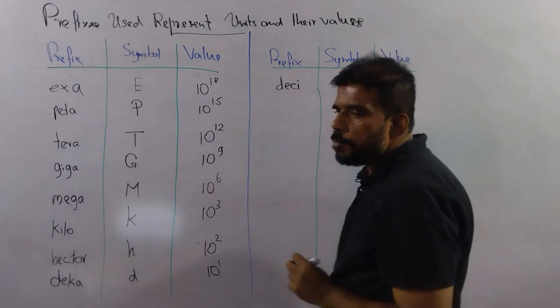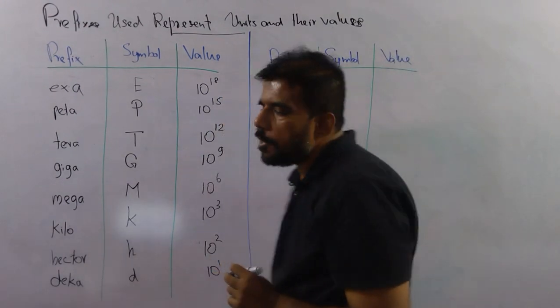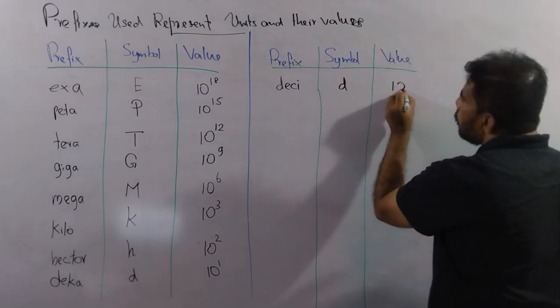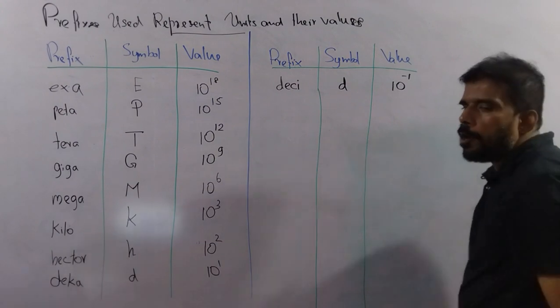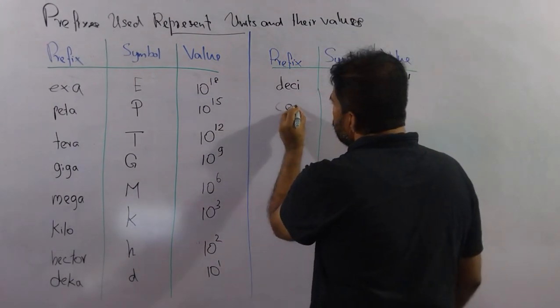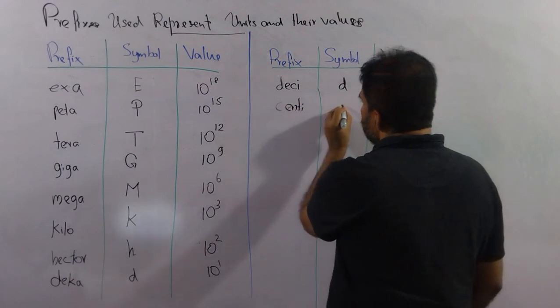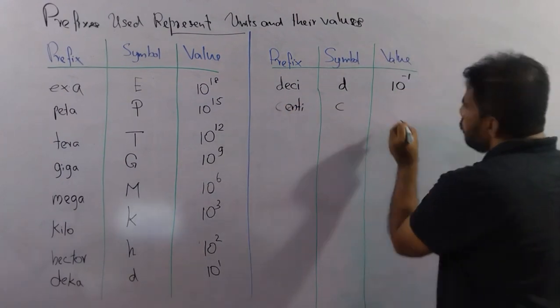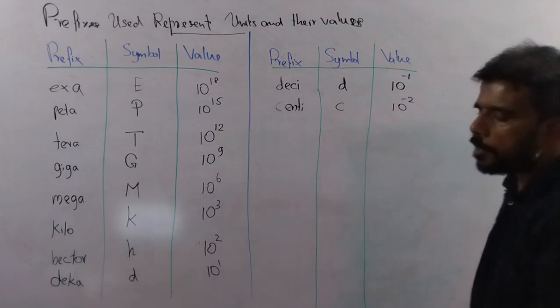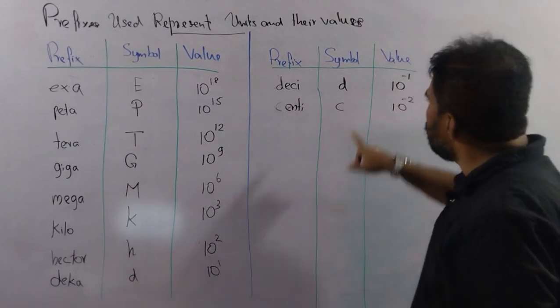That symbol is simple d, and it's 1/10, 10 to the power minus 1. Then centi, the symbol is simple c, that is 10 to the minus 2, 1/100th of the main quantity. That is deciliter.